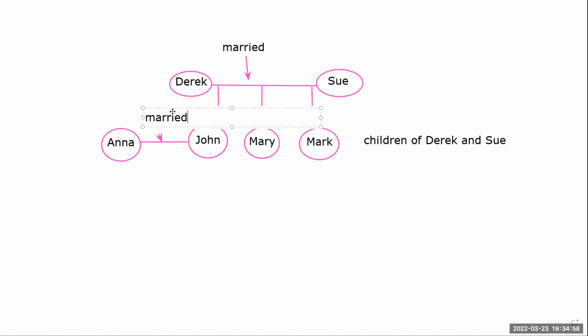And let's just say of the 3 kids, only John got married. So John got married to Anna and they had a daughter. And you gave me the name Ashley. So they had a daughter named Ashley.